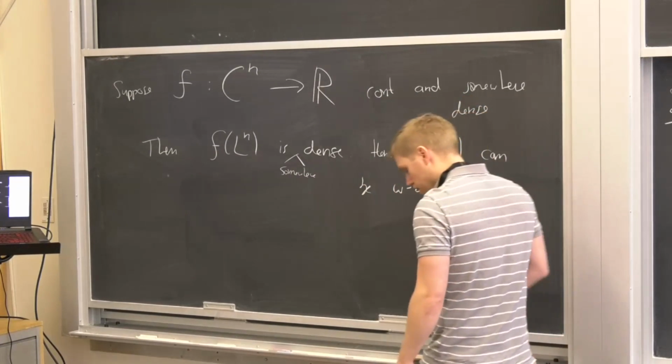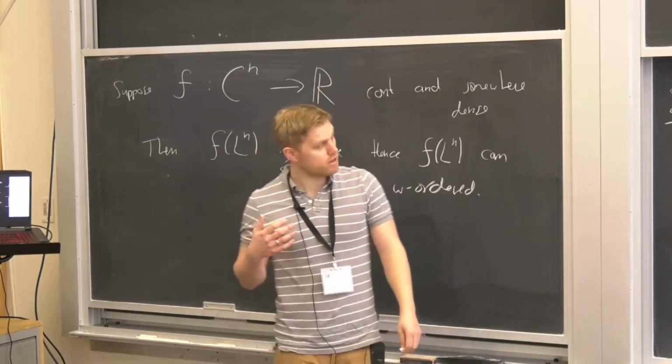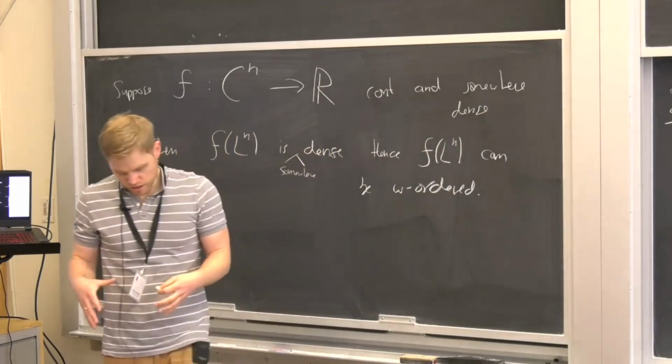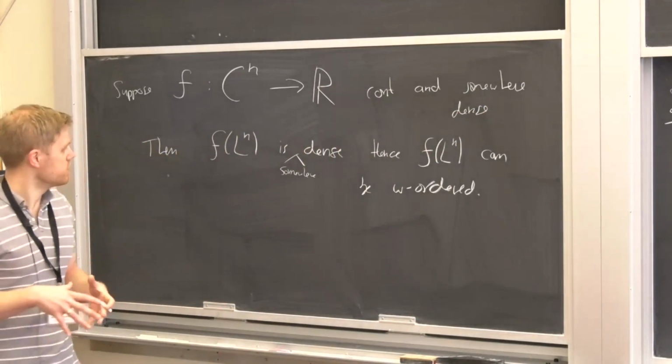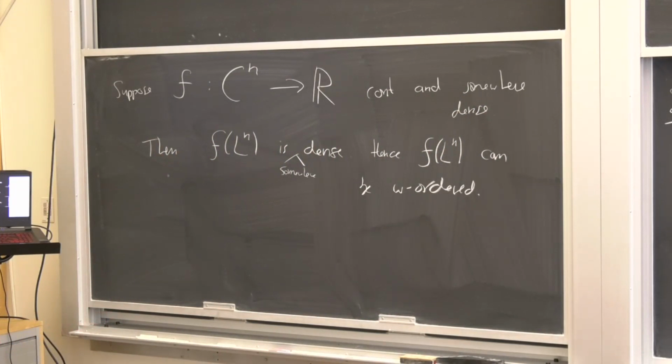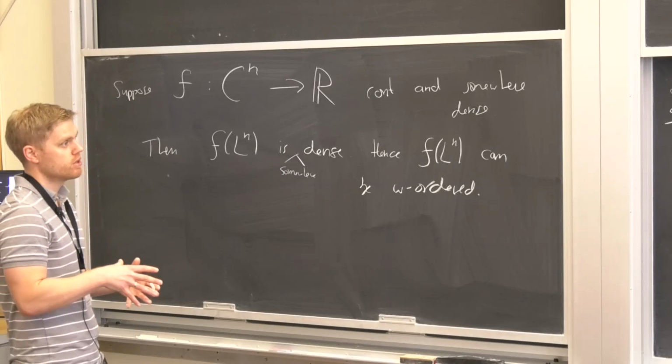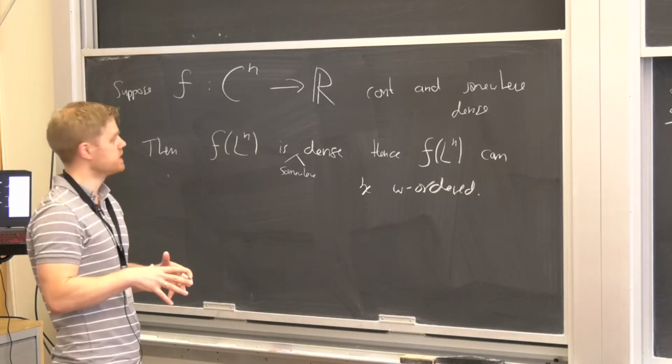So in many of these results we say that if you're in a tame structure, then the fractal or metric dimension of C cannot be too big. And this is really where this is coming from, because you always get this omega ordered set.